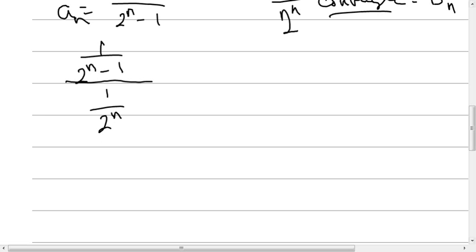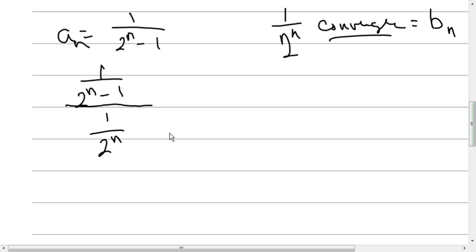We do the same trick by multiplying both the top and the bottom by 2 to the nth power, and we get then 2 to the nth over (2 to the nth minus 1). And we can ask, as n goes to infinity, what happens to this term.